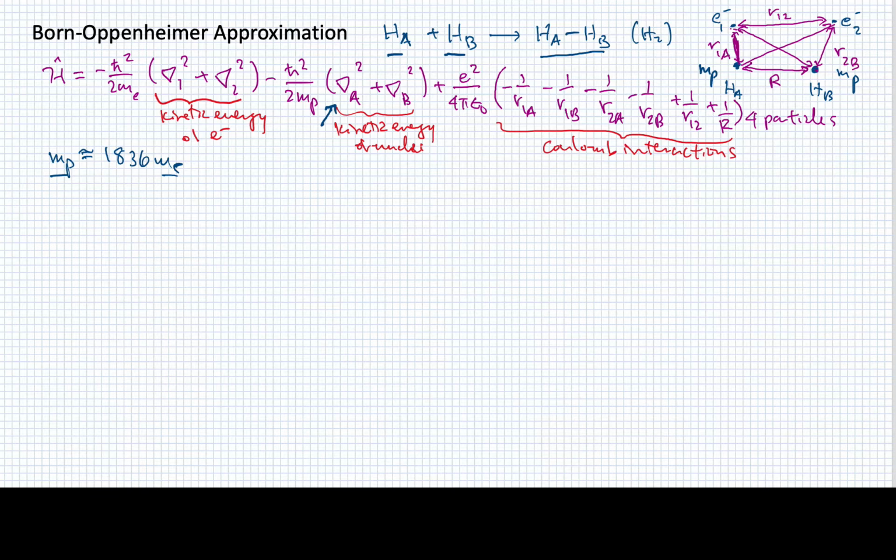So we can take this total Hamiltonian and separate it into an electronic part and a nuclear part. In doing so, this piece here represents the nuclear part, but the electronic part, we need to bear in mind, does depend upon the distance between the two nuclei.